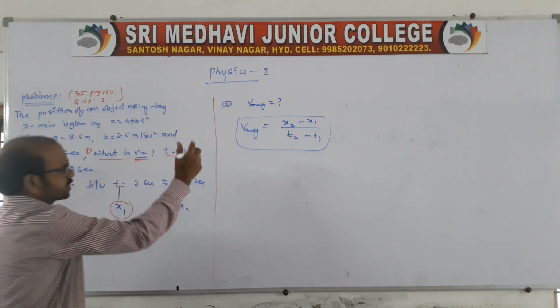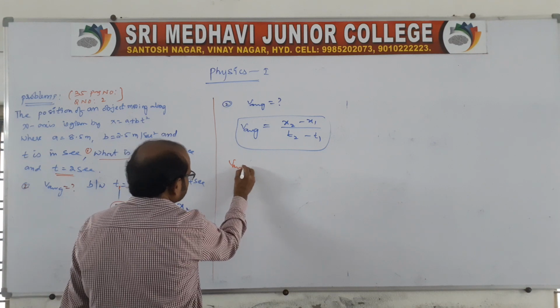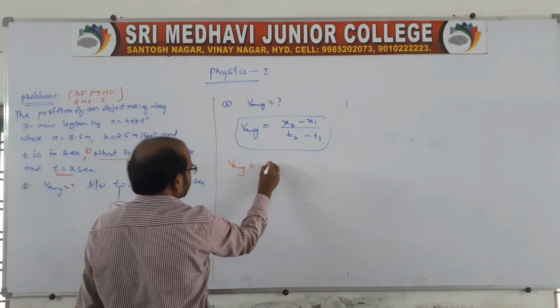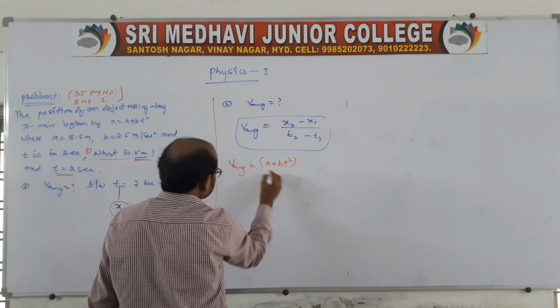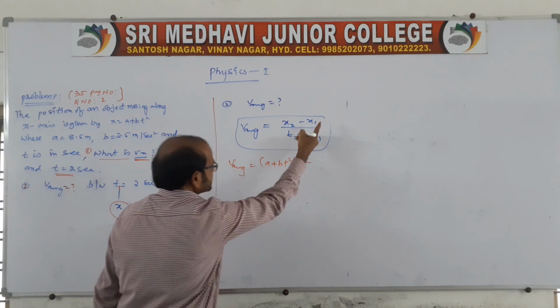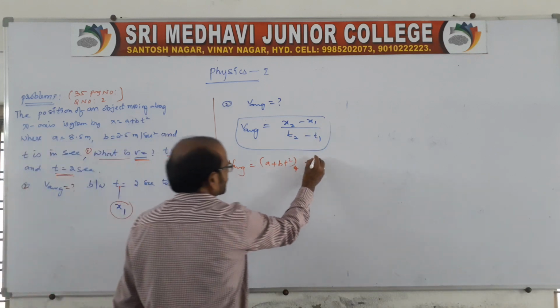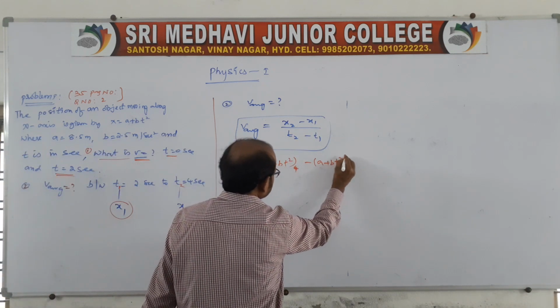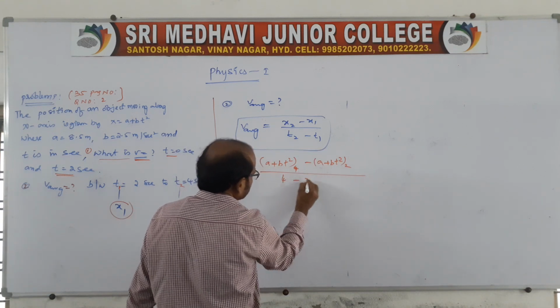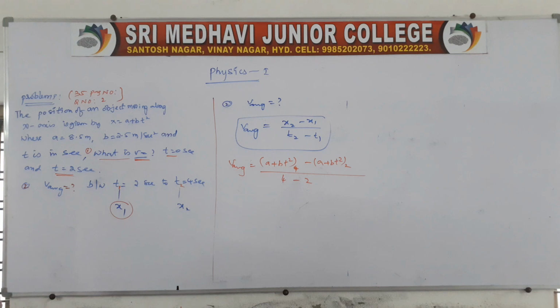So here v average is equal to x2, written in terms of a plus b t2 square, with the time 4, minus x1, again a plus b t square with time 2, divided by 4 minus 2. This is nothing to worry about.